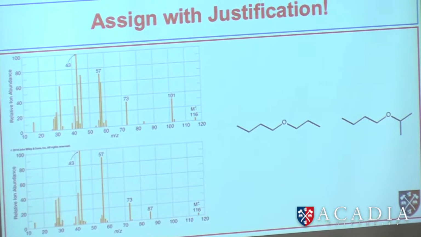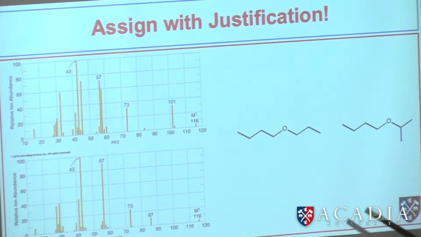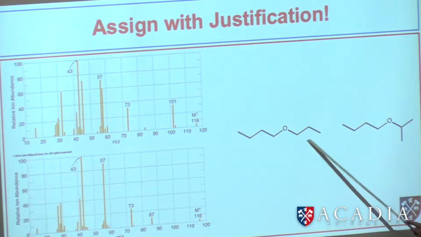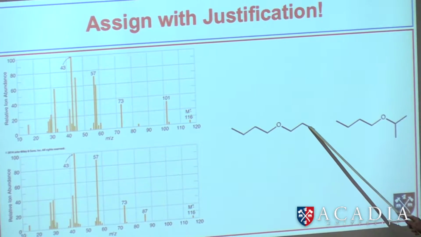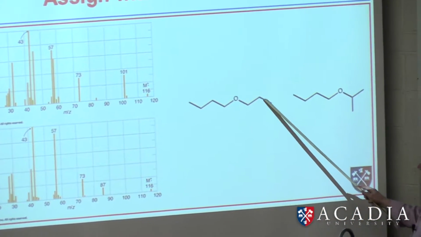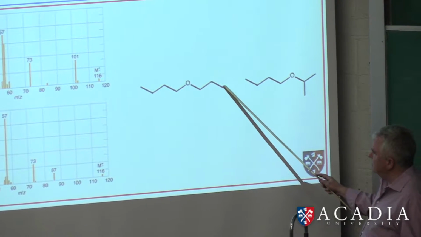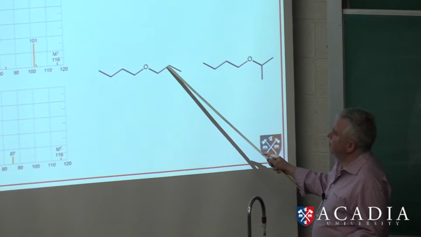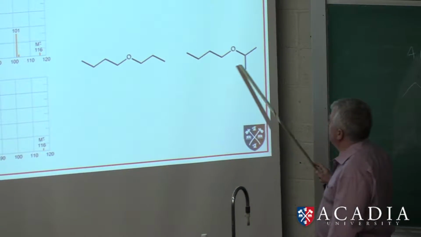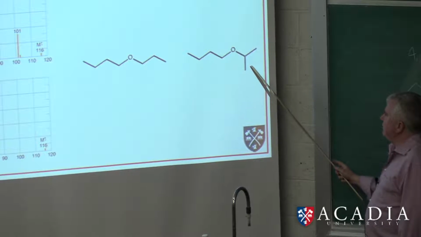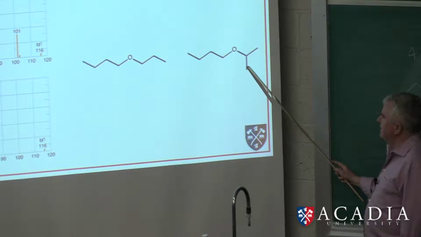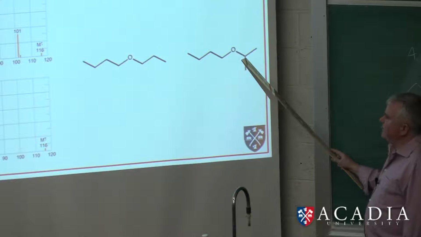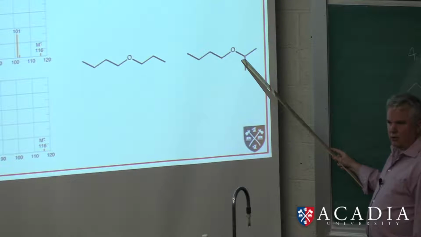So if we take a look at these two things, if we cleave a methyl radical off of the radical cation, we have to form a methyl radical and a primary carbocation. But if we cleave this methyl radical off, or this one actually, we have a radical come off and we form a secondary carbocation.